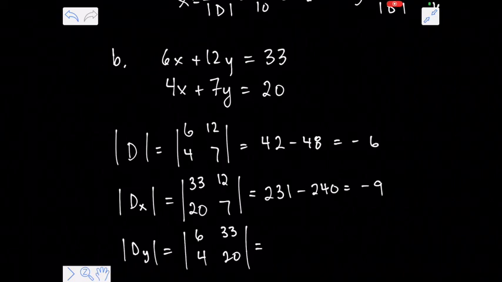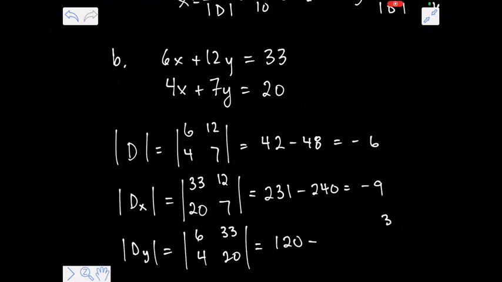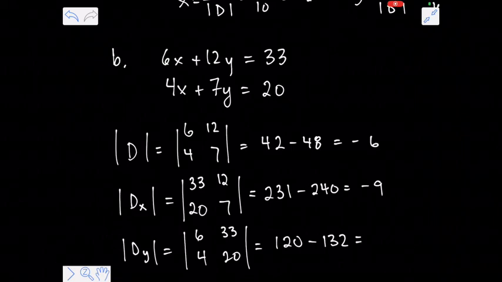That determinant is 6 times 20, which is 120, minus 4 times 33, which is 132. So that is negative 12.